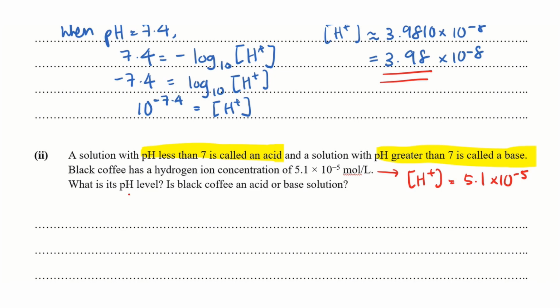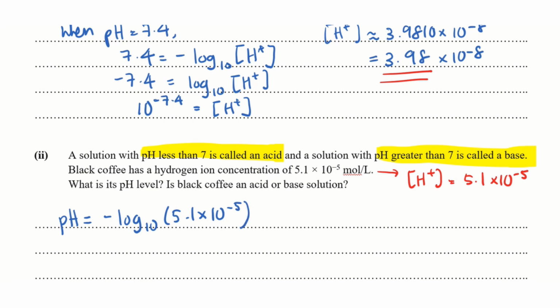Then we are trying to find the pH level of the black coffee, and subsequently determine whether it is an acid or a base, which will be determined by the information provided in the first sentence. Using the formula again, pH equals negative log base 10 of the hydrogen ion concentration, which is 5.1 times 10 to the power negative 5.